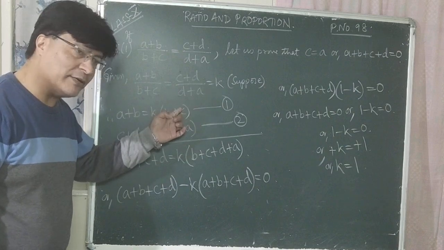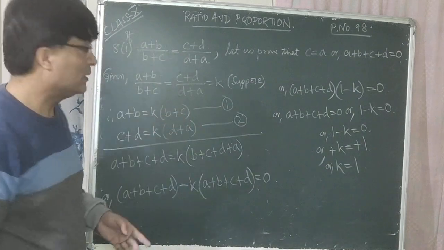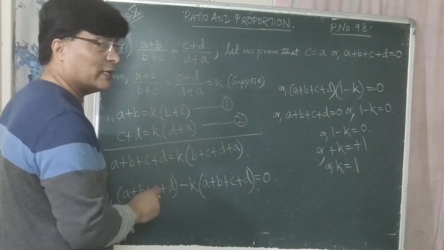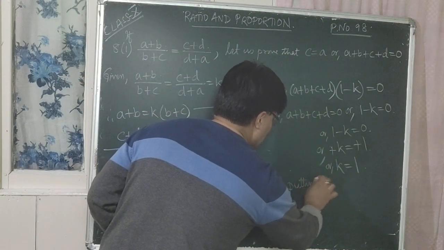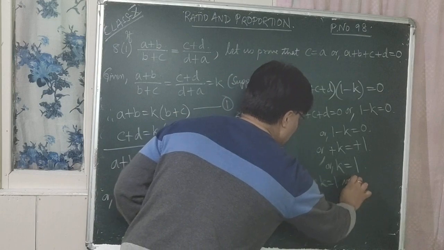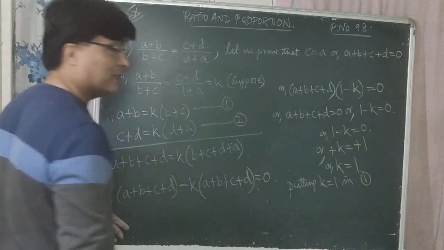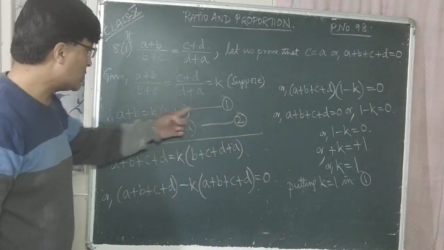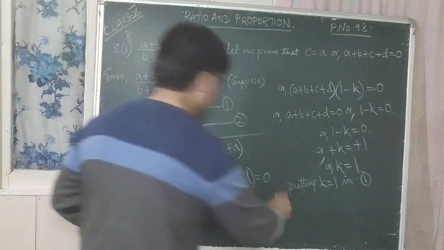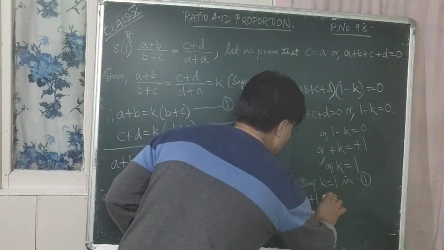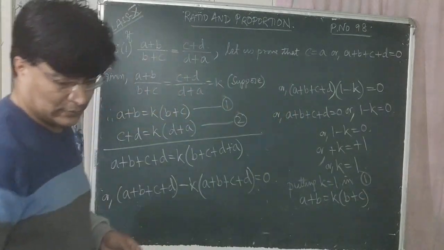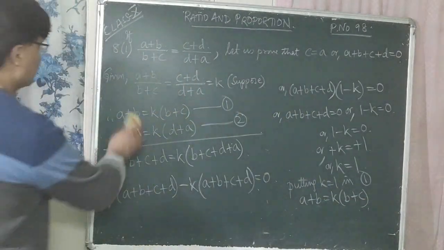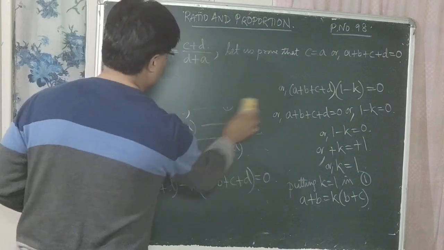Let us put k = 1 in equation 1. What is equation 1 here? It is a + b = k(b + c). Is that clear? Next.